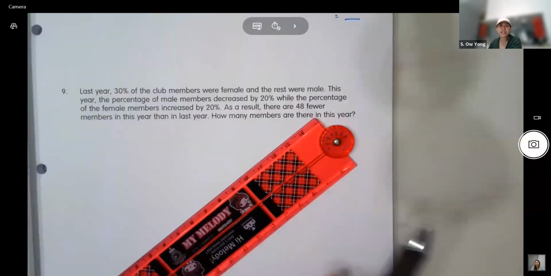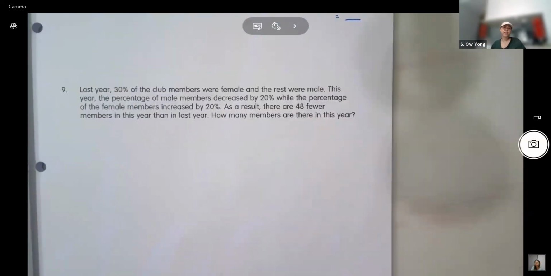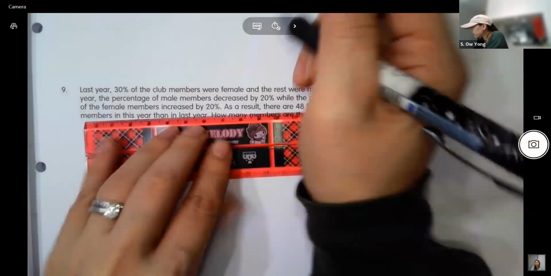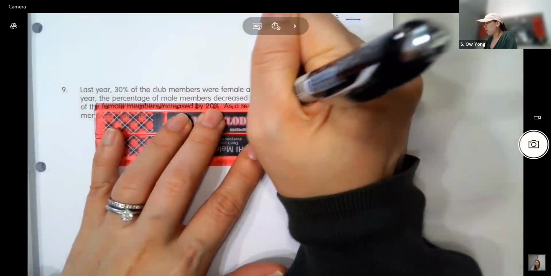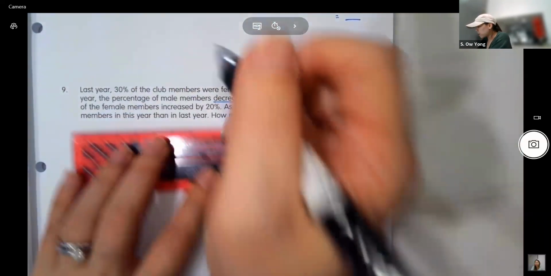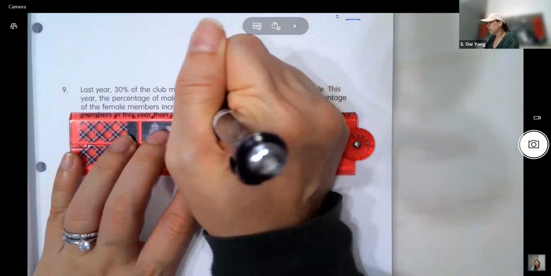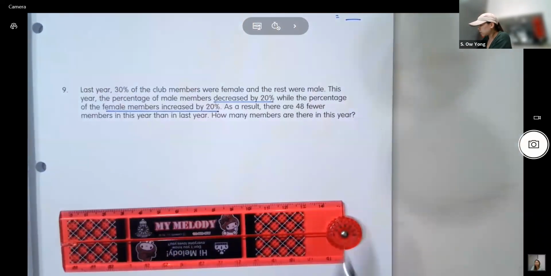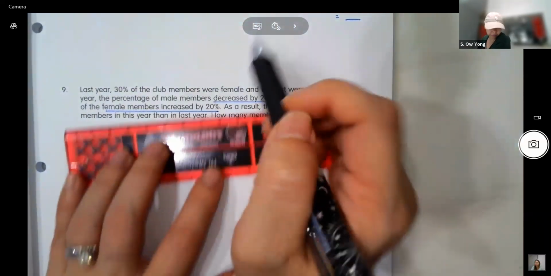Okay, now let's take a look at question 9. Last year, 30% of the club members were female and the rest were male. This year, the percentage of male members decreased by 20%, while the percentage of female members increased by 20%. Take note, this 20% and 20% have no link.